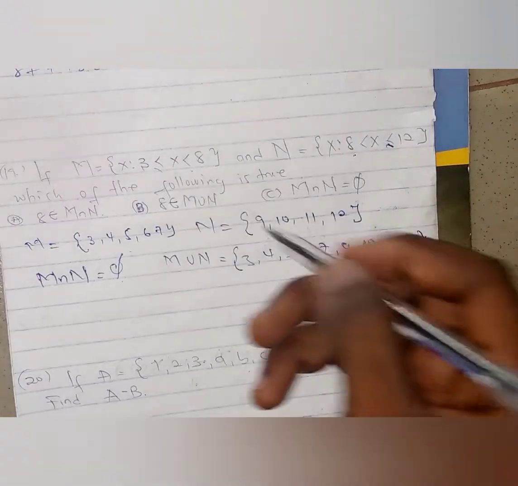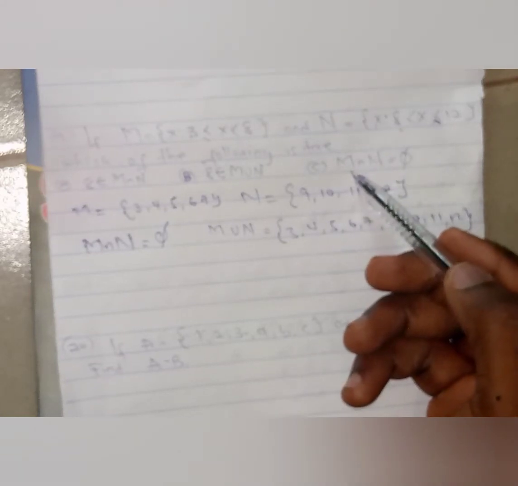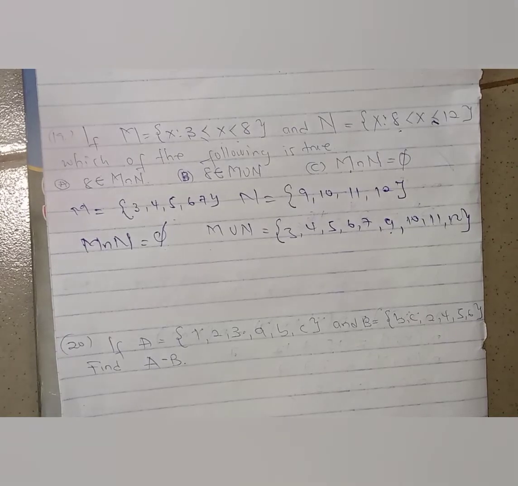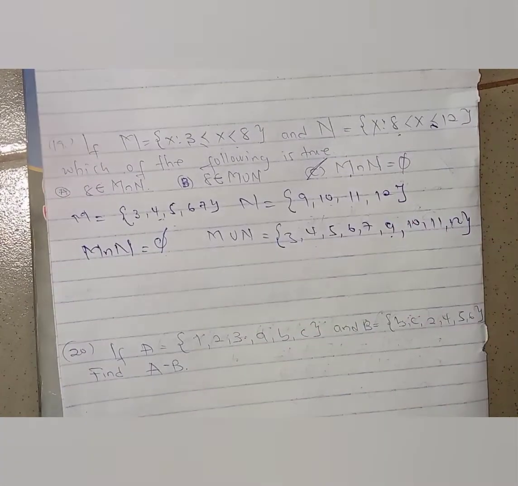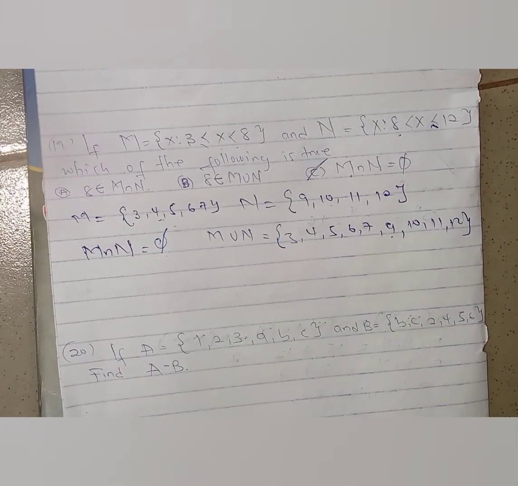No, it's wrong. B is not correct. Now C is M intersection N, which is a null set, as we've seen here. There's no similarity between this and this, so option C is correct.